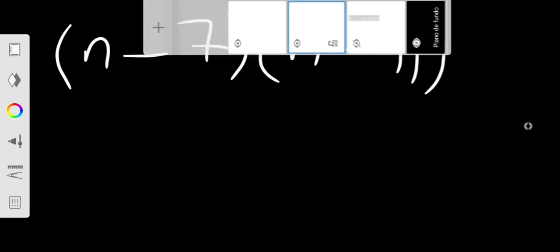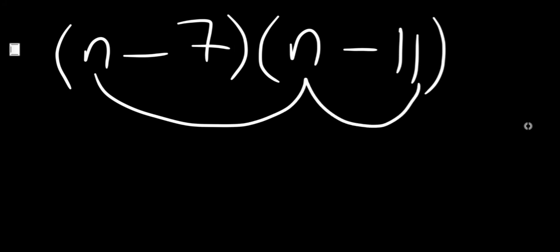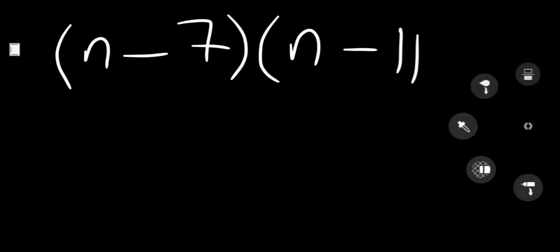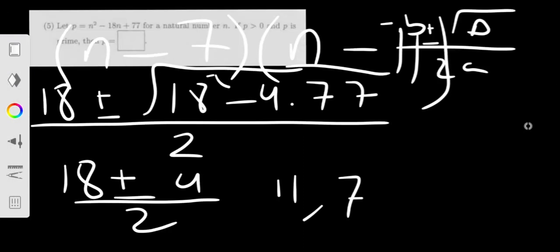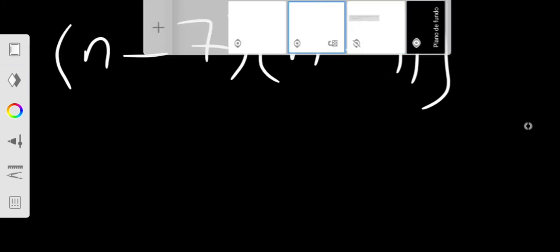If you test it, if you take n multiplied by n squared minus 11n, and minus 7n and plus 77, you will go back to the question that we had, n squared minus 18n plus 77. So this is the same thing.